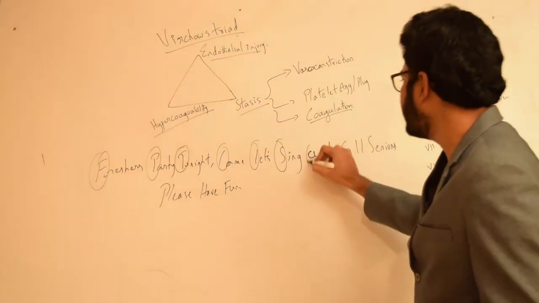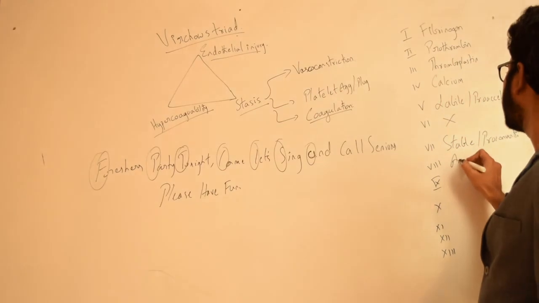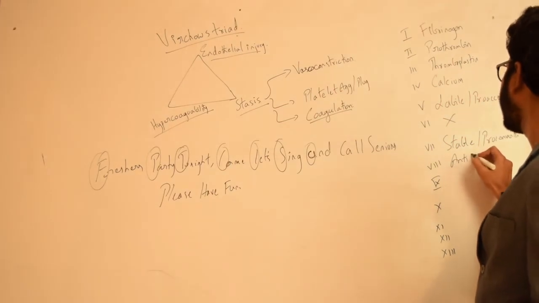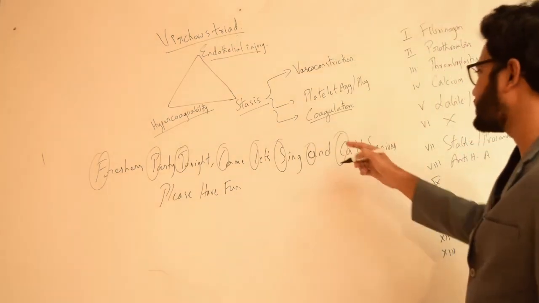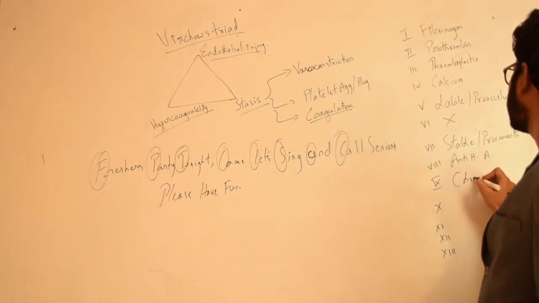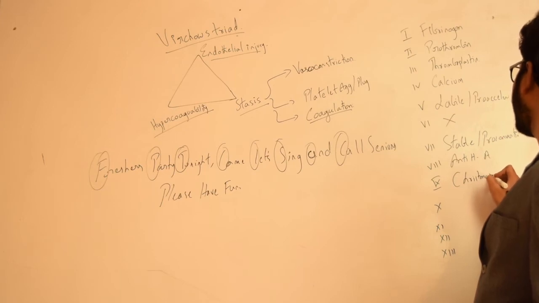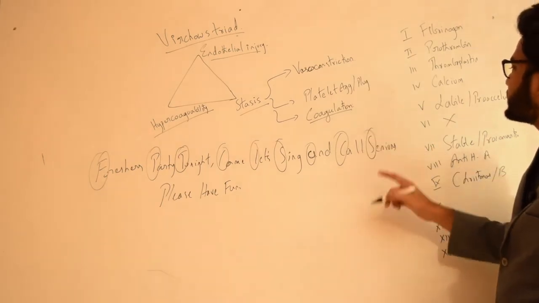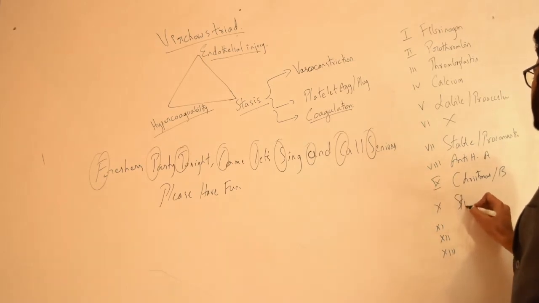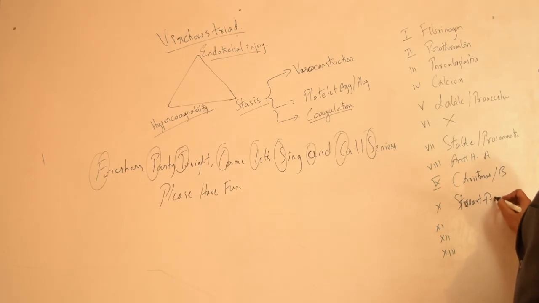Factor 8, A, is anti-hemophilic factor A, and factor 9 starts with C, that is Christmas factor or anti-hemophilic factor B. Factor 10 starts with S, that is Stuart-Prower factor.